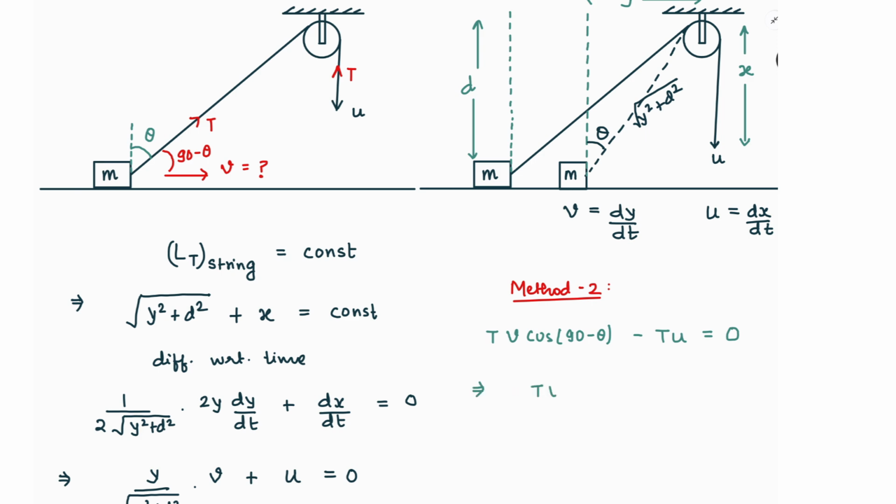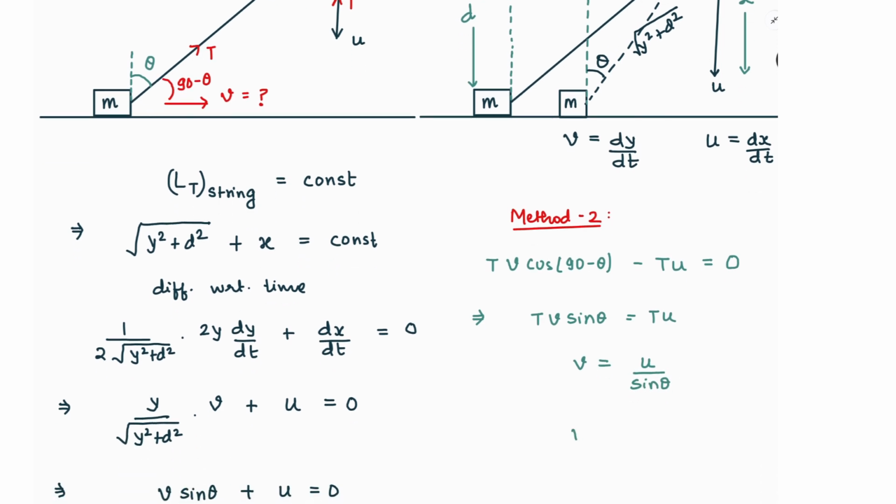Therefore we can say T v cos 90 minus theta, that is sin theta, is equal to T u, and from here we can write v is equal to u by sin theta, or simply that magnitude of v is equal to u cosec theta. So much faster, always the preferred way of solving this kind of a problem.